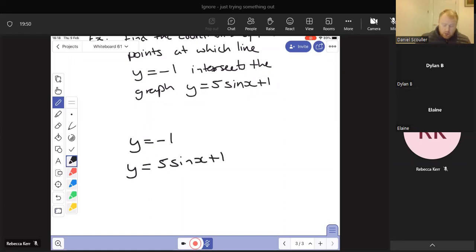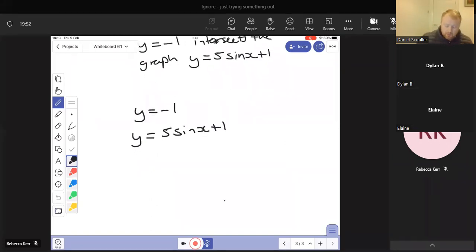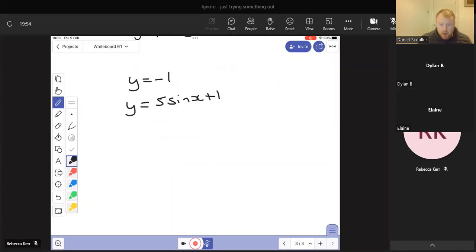Okay, what we can do, instead of writing y equals, we can bring them both together. So we can say that 5 sine x plus 1 is equal to -1.